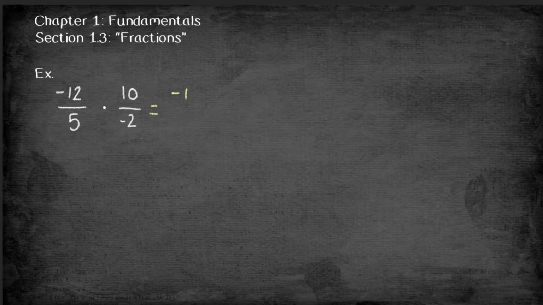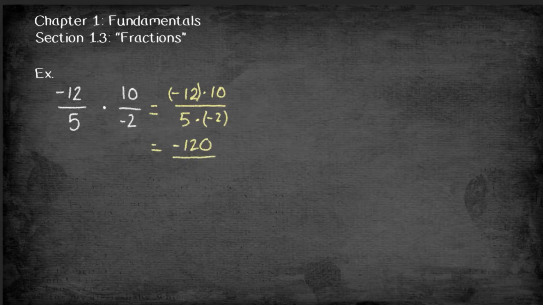So that would be negative 12 times 10 over 5 times negative 2. Which is negative 120 over negative 10.